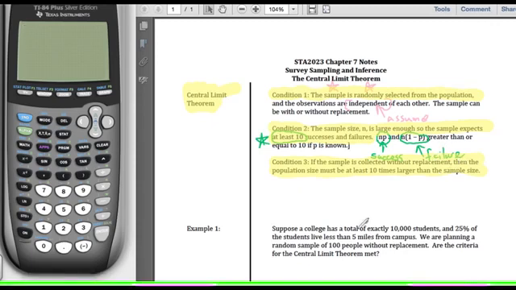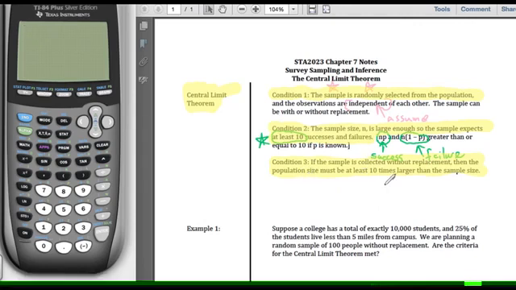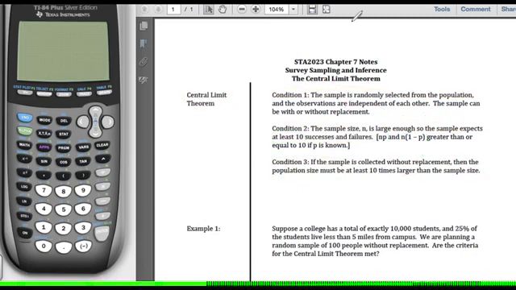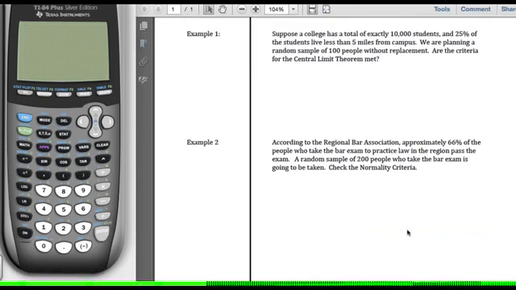As well, we won't always know the exact population size, so it may be difficult to judge if the population size is at least 10 times larger. We are also going to assume this is true for the most part. We're going to check and make sure we have a random sample and we have at least 10 successes and 10 failures. Let me show you a couple of situations where we can apply the central limit theorem.